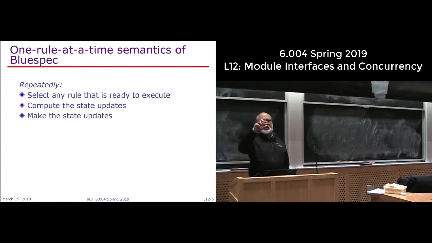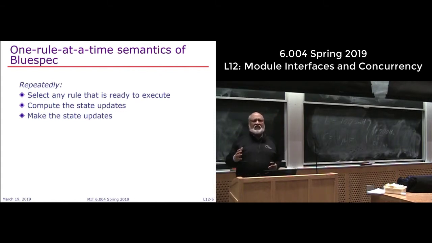When you execute that rule, it will change the state of the system, and it may enable more rules. So we ask the question, which rule should we execute next? We just do this repeatedly. We execute a rule, see what state changes are to be made, make those state changes, ask the question again. This is the loop every Bluespec design is constantly going through.